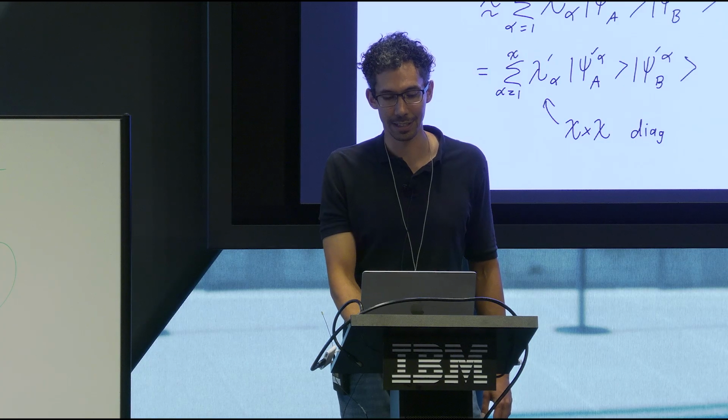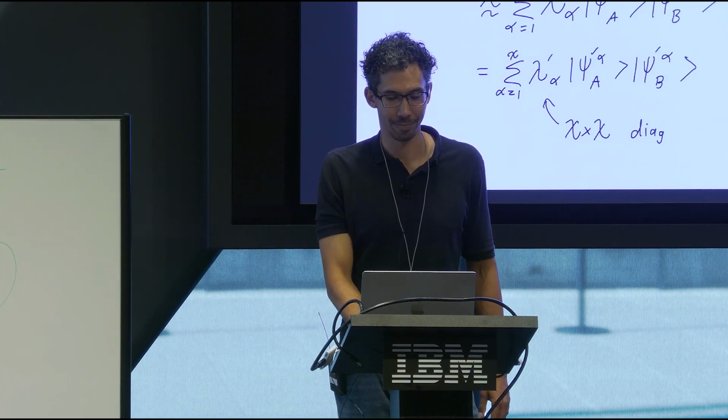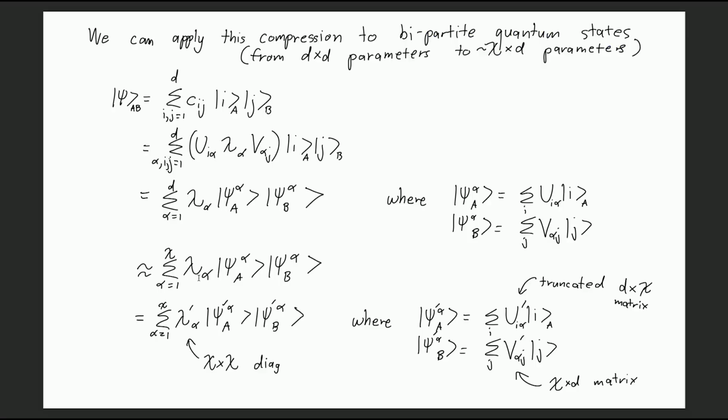And we can apply the idea of compressing using the singular value decomposition to compress this description of the state. So again, to do this compression, we'll just set all of the singular values after the first chi singular values to 0.